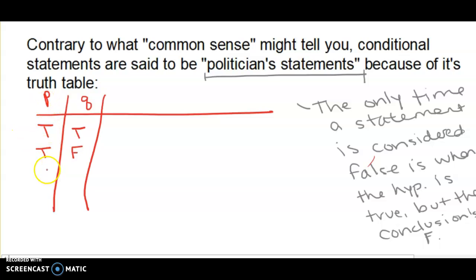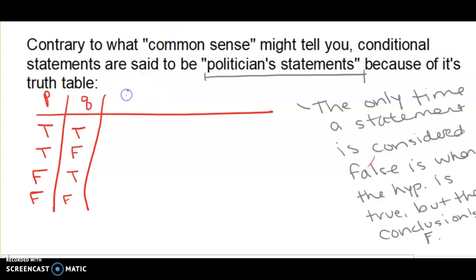And then if P is false, Q can either be true, or Q can be false. So this is all scenarios. There are only 4 scenarios with P and Q. Either P is true or false, and Q is true or false. Together, we have true true, true false, false true, false false. There's no other combination.